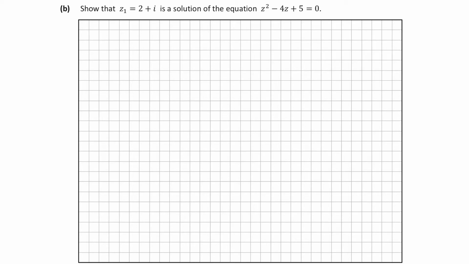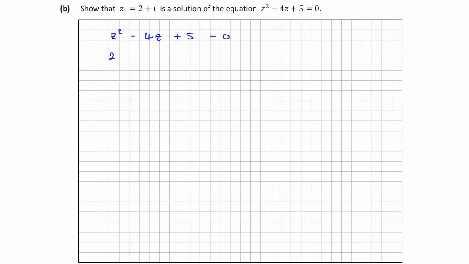So we'll start there by saying that I'll just write out here z squared minus 4z plus 5 equals 0. And what I'm going to put in there, instead of z, I'm going to put in 2 plus i.